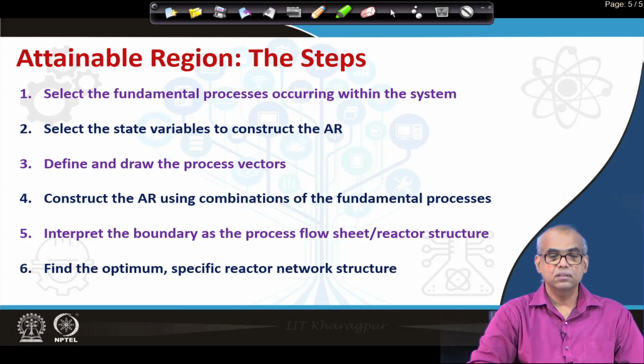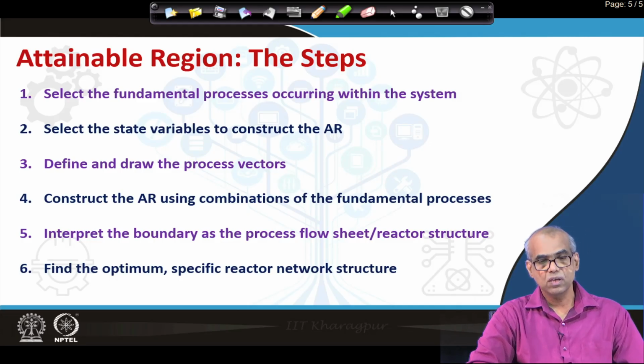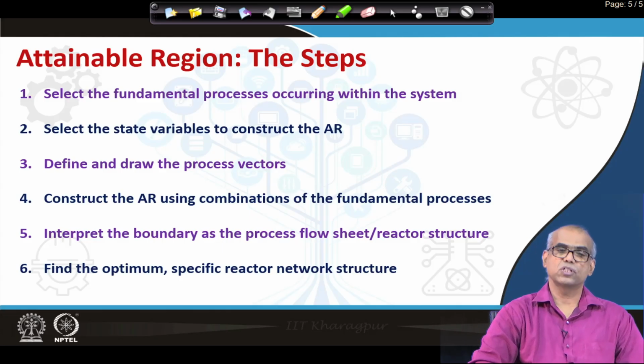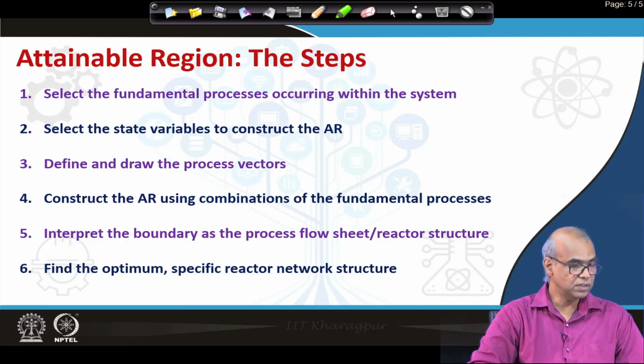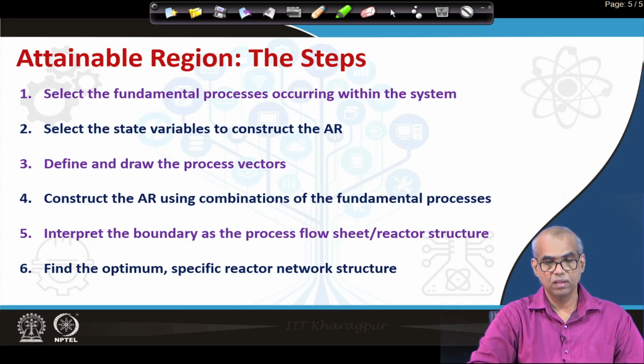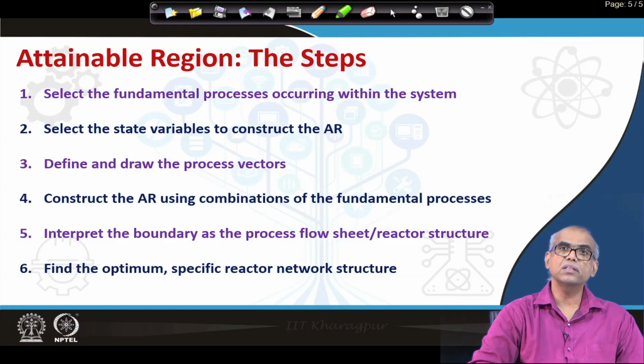Now, these are the basic steps that we will follow to construct the attainable region. First, we select the fundamental processes occurring within the system. We already said that the fundamental processes that we will consider here are reaction and mixing. Select the state variables to construct the attainable region.